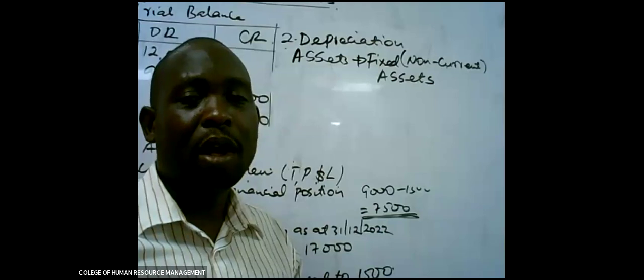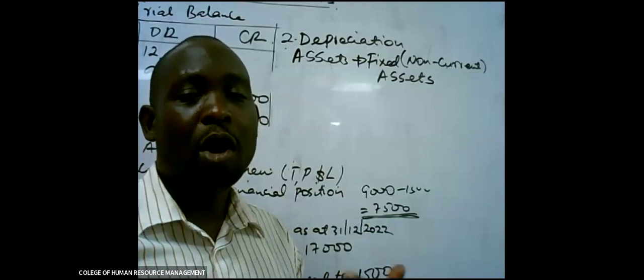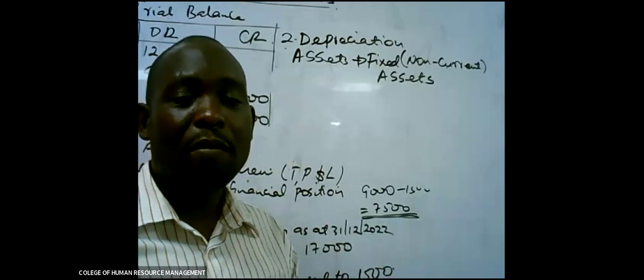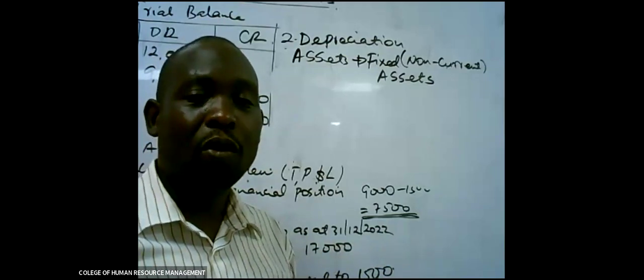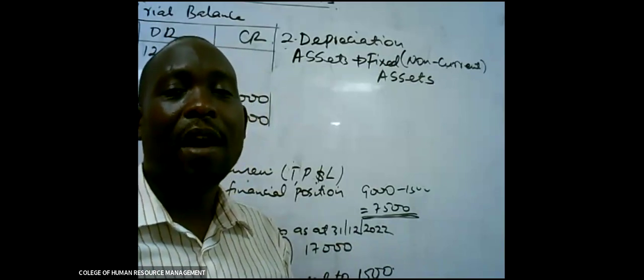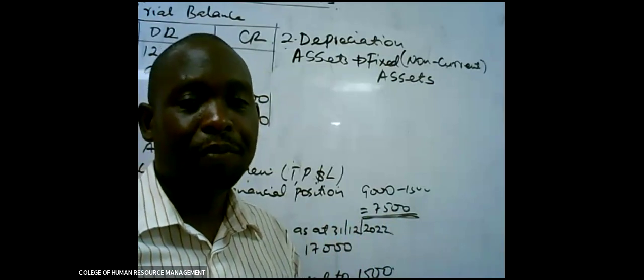You acquire the computer to facilitate the smooth running of the business. You acquire the furniture to facilitate running of the business. You acquire the motor vehicles to assist in the delivery of goods and also something like that. So they are not meant for sale. And therefore, they have a long period of time in the business.